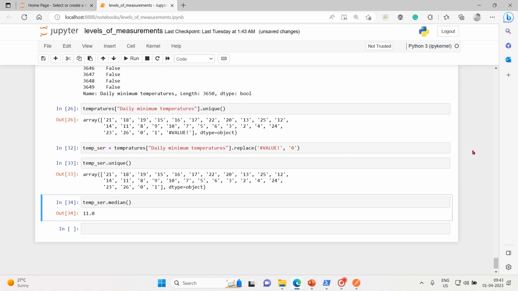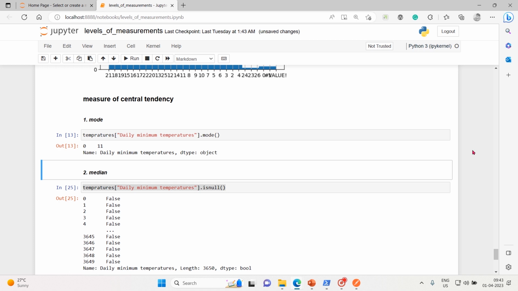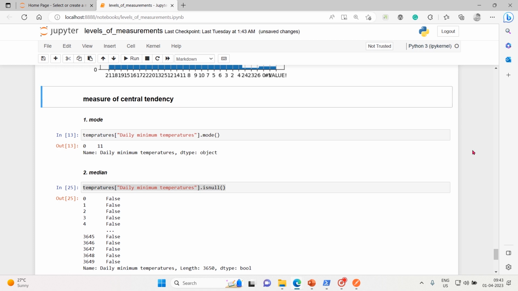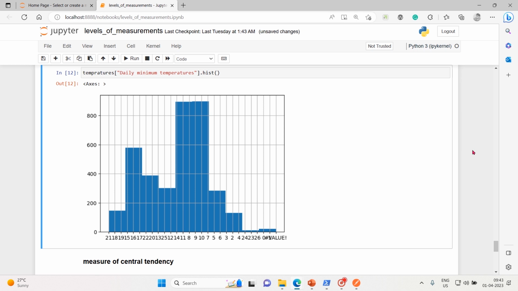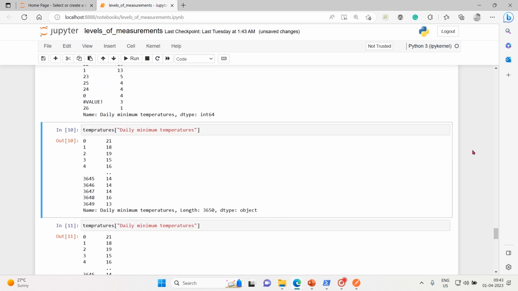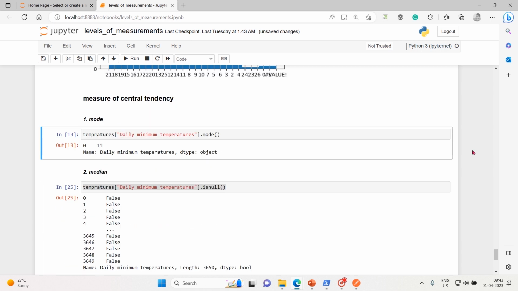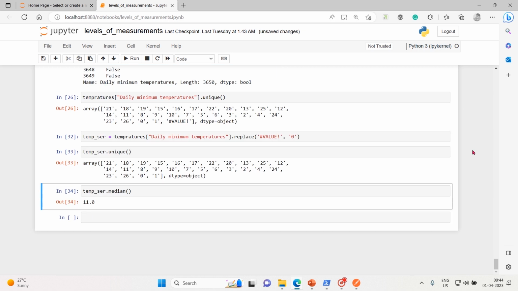So this is how we calculate the median, a measure of central tendency, for interval type data. And here we have calculated the mode also, which we got as 11, and the median we got also as 11.